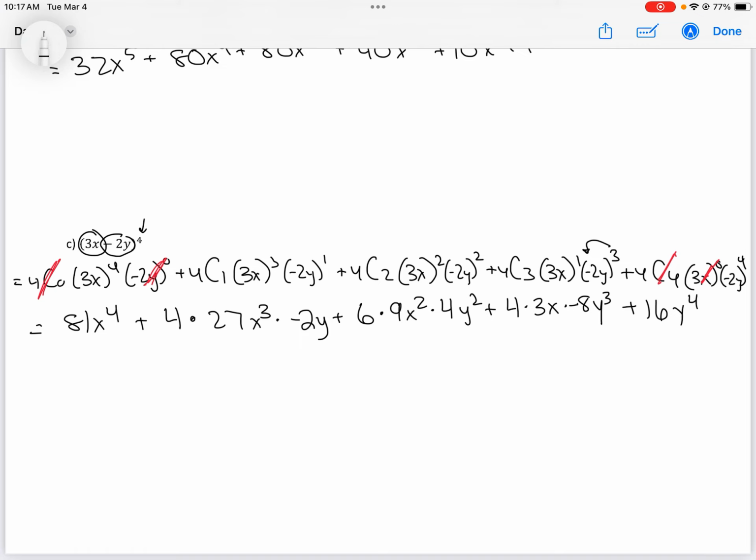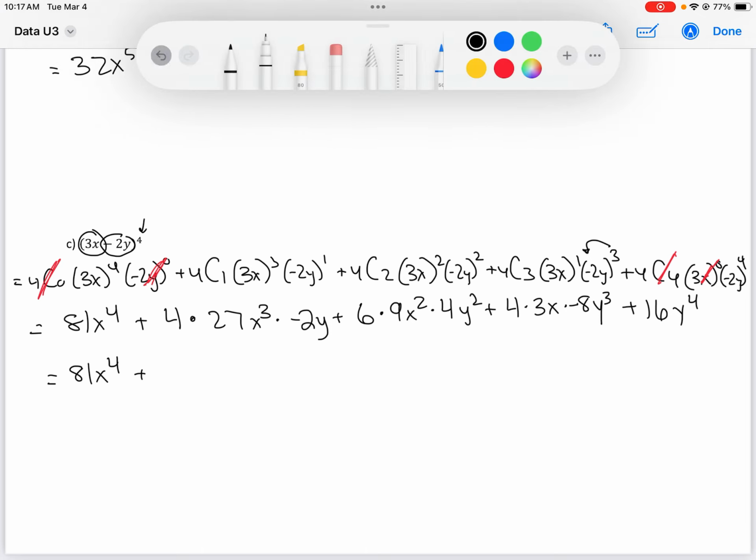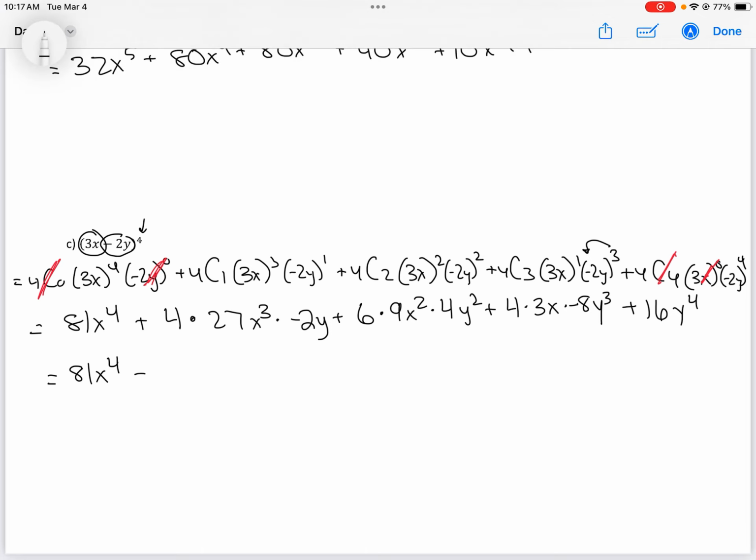Okay, and now let's simplify more. The 81x to the 4 is done. Okay, let's multiply 4 times 27 times negative 2. Okay, I get negative 216, and then x cubed y. Let's multiply the 6, the 9, and the 4 now. I get positive 216.